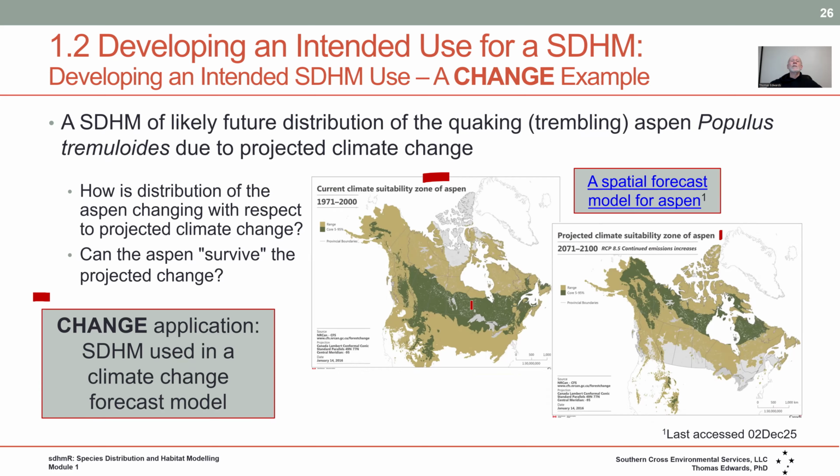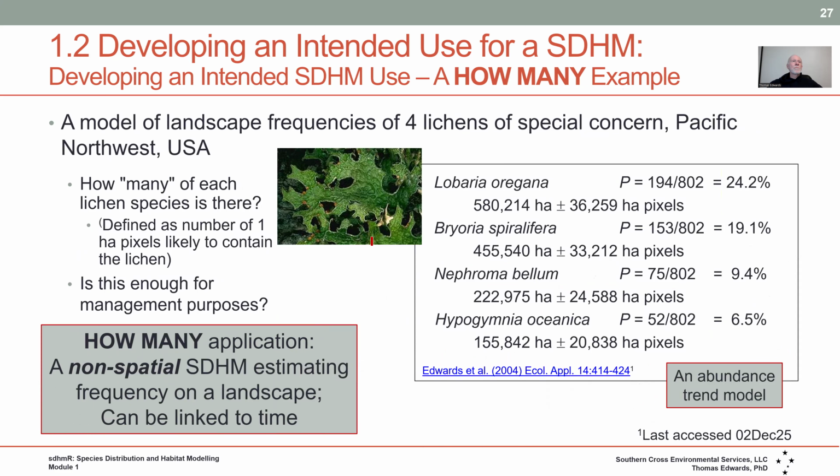They took current conditions, looked at a variety of environmental predictors that are associated with aspen presence, looked at the future projected climate change of those predictors, and then remodeled the presence under that change. So this is kind of a classic change application as an intended use.